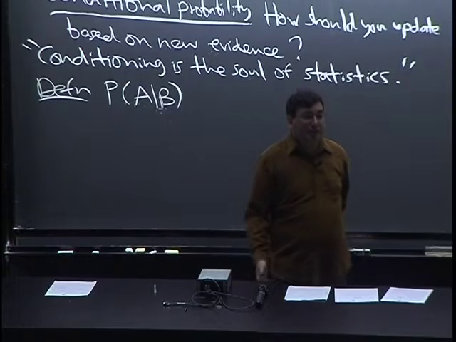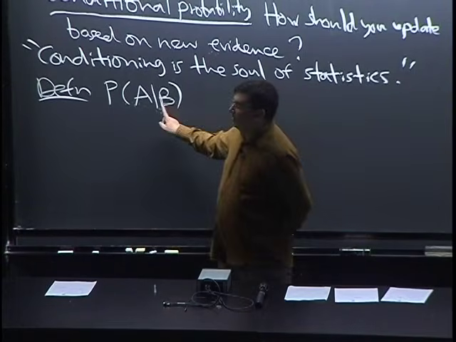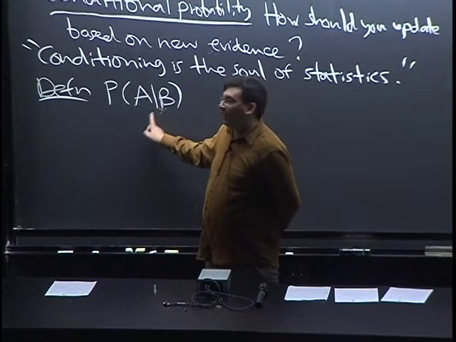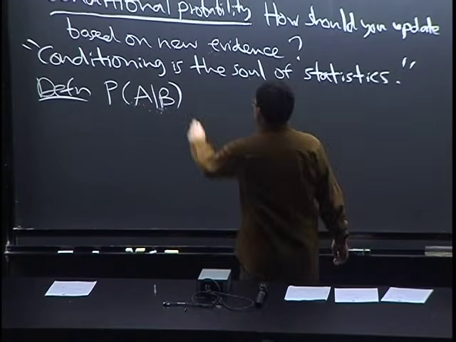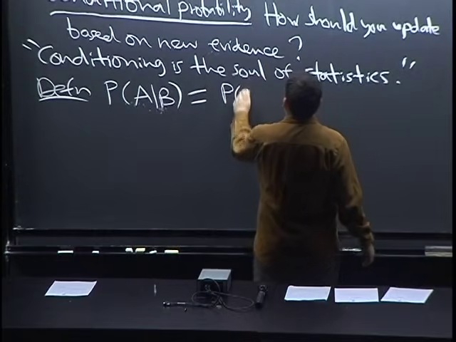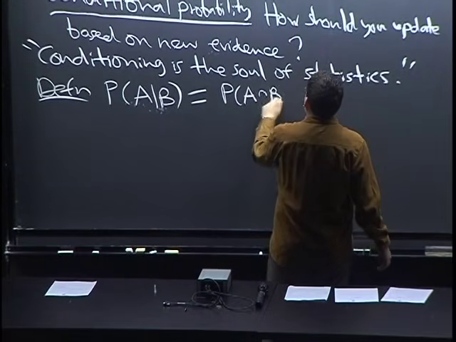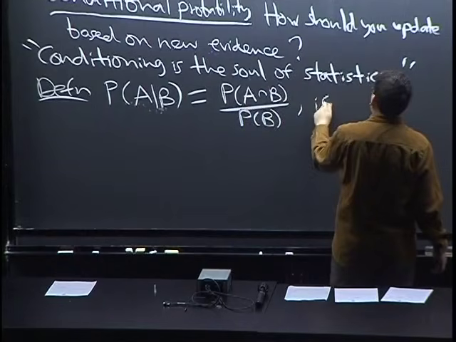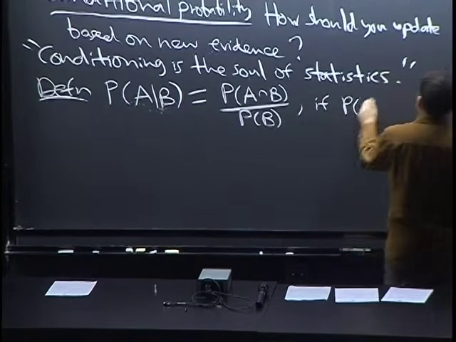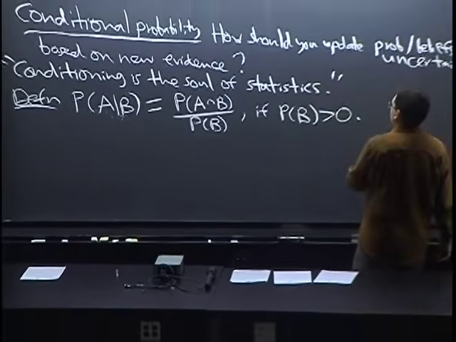But if A and B are not independent, then that's valuable information, and the question is, how do we update our probability for A? And the definition is that this is just the probability of A and B divided by the probability of B, as long as P of B is greater than 0, since we don't want to divide by 0.